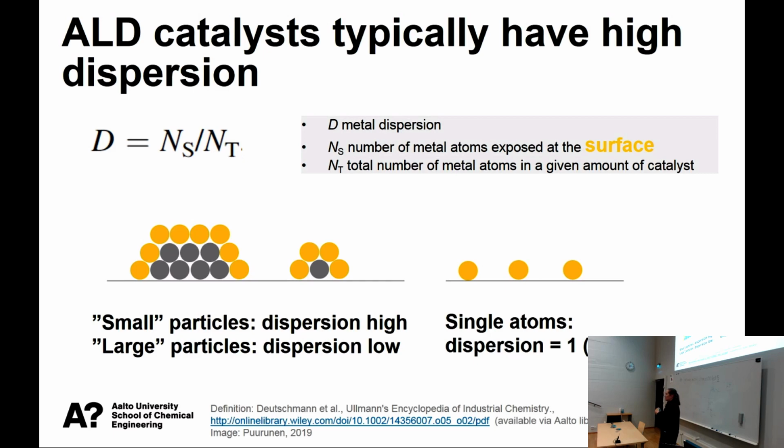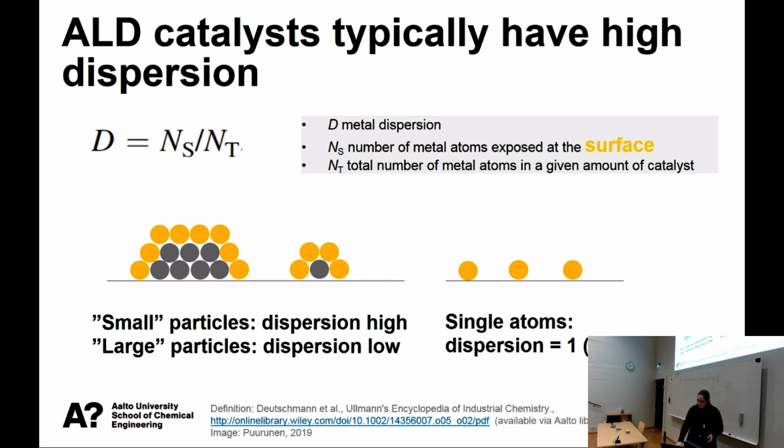I calculated before. So ALD should result initially in single atoms that are separated on the surface, and then when you are adding the cycles, of course, the atoms get covered, and the dispersion will not be 1 anymore, but in the beginning it should be.